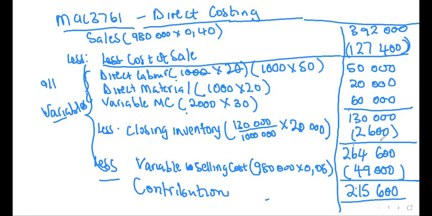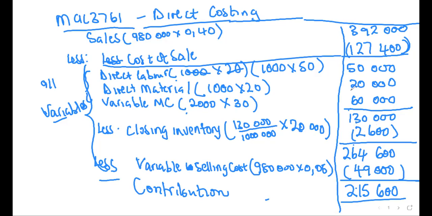If the value of closing inventory is more, it reduces your cost of sale, which means you are going to have a higher profit. But if the value of the closing inventory is lower, your cost of sale is going to be more, and then your profit figure is going to be less. So the difference is here.